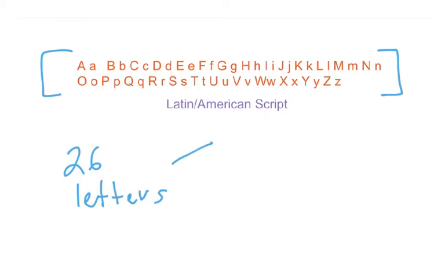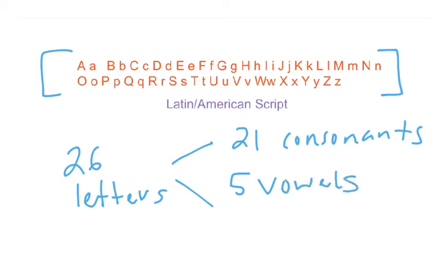From these 26, we have 21 consonants and 5 vowels.